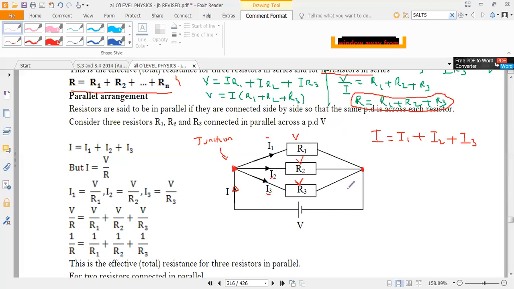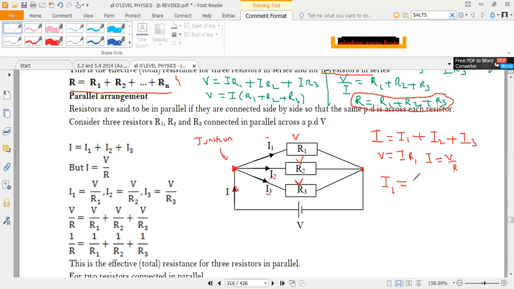So if you have to find the equation of effective resistance, first of all, from Ohm's law, we know that V is given by I multiplied by R. If I make I the subject of the formula, I will be given by V divided by R. So we know V and R for each of these resistors, and we can go ahead and find I1.